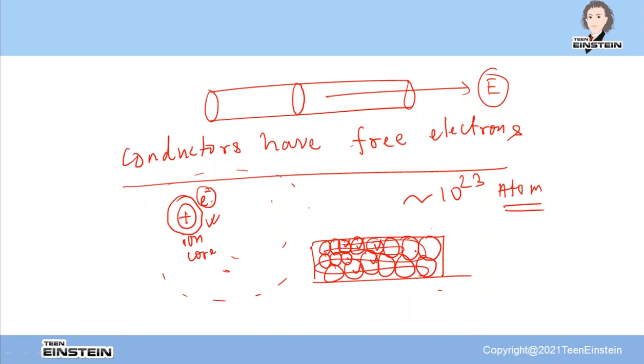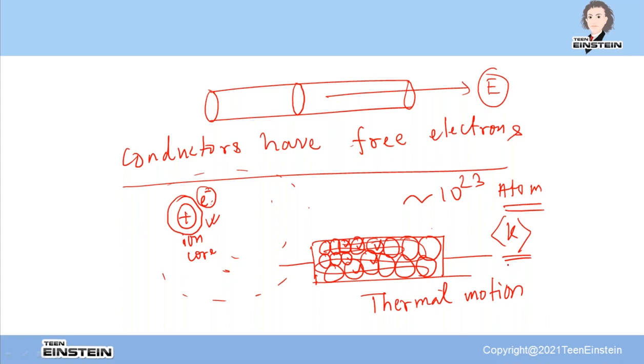But when we don't have any electric field across this material, what will happen due to thermal motion? If you have learned in your 11th standard thermodynamics part, thermal energy is equivalent to average kinetic energy.